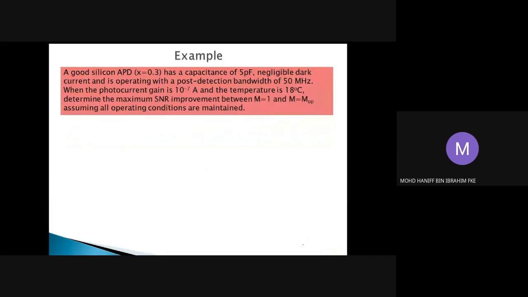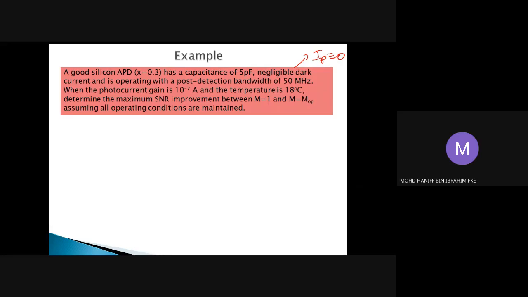Okay, so let's have a look at this example, again on the avalanche photodiode. We are given an APD with X of 0.3 and a capacitance of 5 picofarad. We have negligible dark current, so the ID is 0.